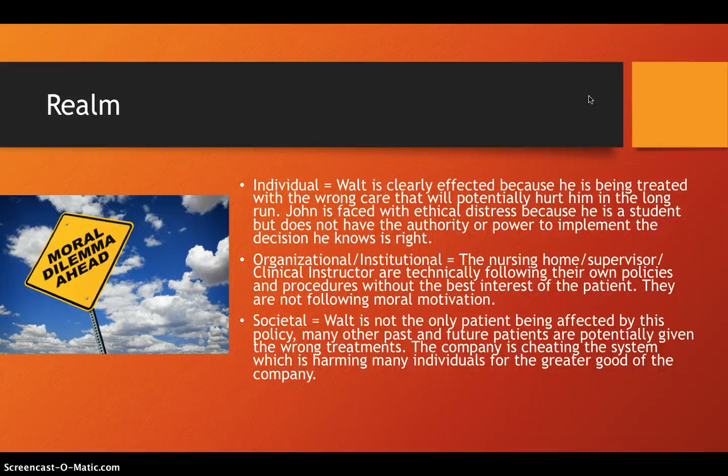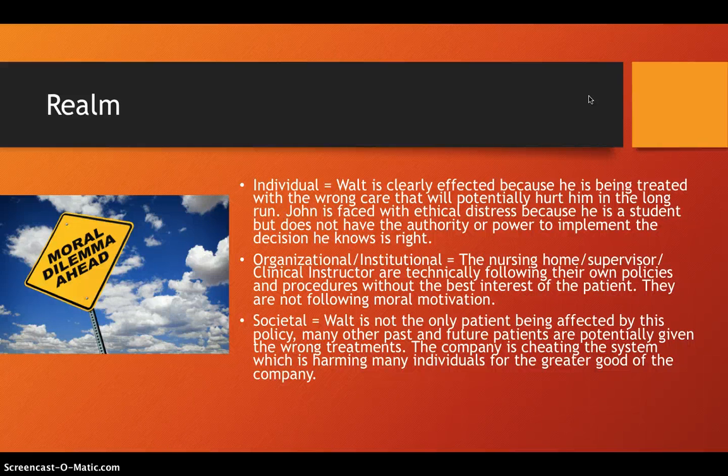We want to talk about the organizational or institutional aspect of the realm, which would be, in this case, the nursing home, the supervisor, the CI, so everyone involved in the organization. And they're obviously not doing their job at making good ethical decisions. When John went to talk to them to address the issue, they just told him, this is how we do it, and ethical or not, it seemed like they're just in it to make money.